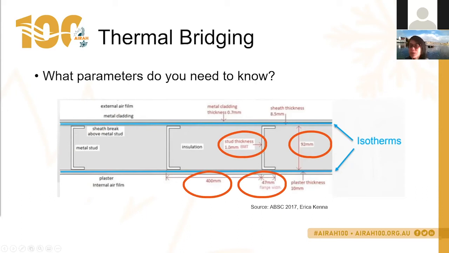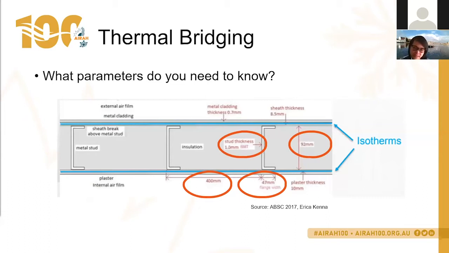And finally, you also need to know the distance between your studs and also your noggings in your construction. So that's when we're looking at it vertically now, from the top of the wall to the bottom of the wall.